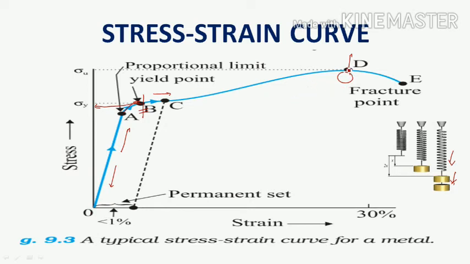Now this is the point D. This is known as the ultimate point, also known as the breakdown point. Here the material will break after this stress. At any time the material may break down. So this particular point is fracture. At point E the material will fracture.